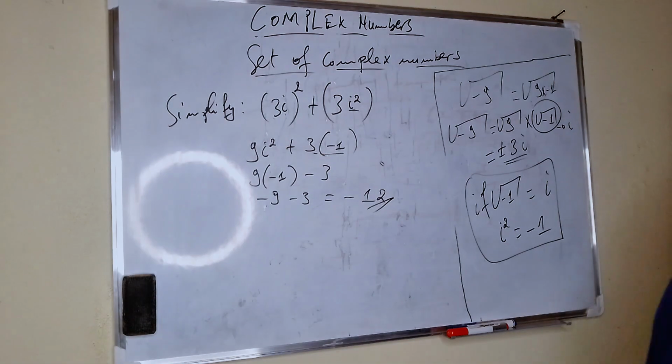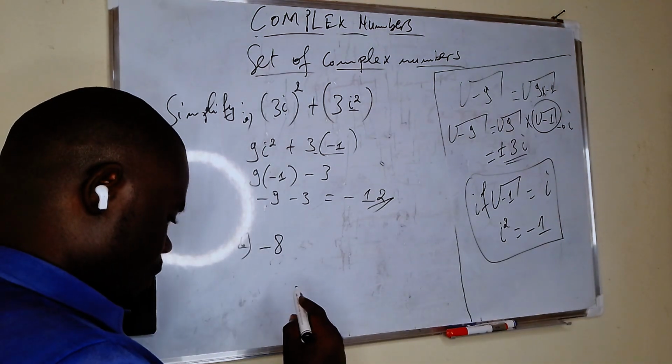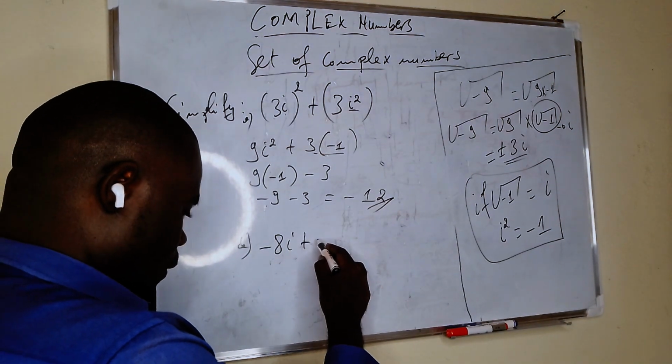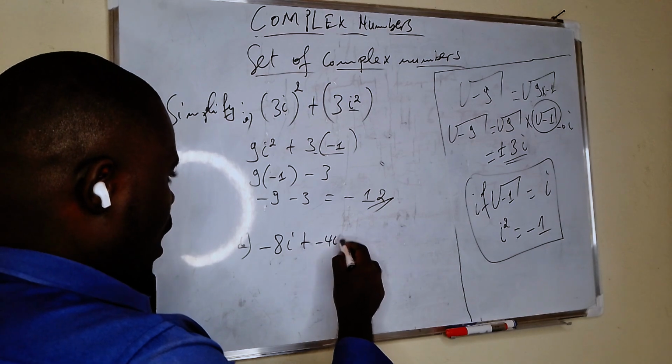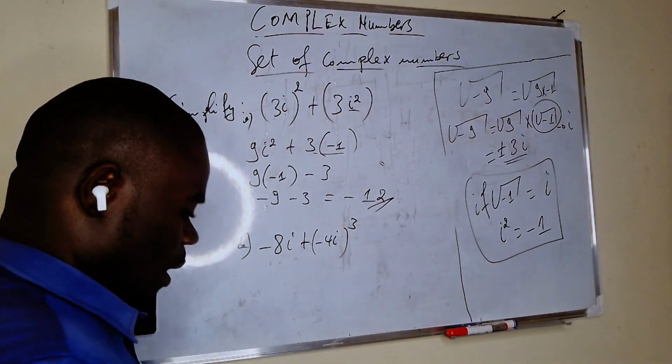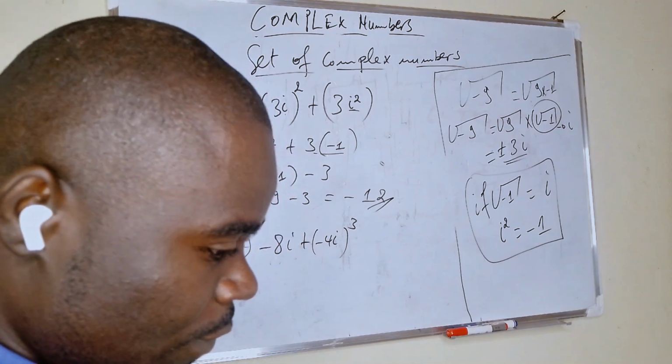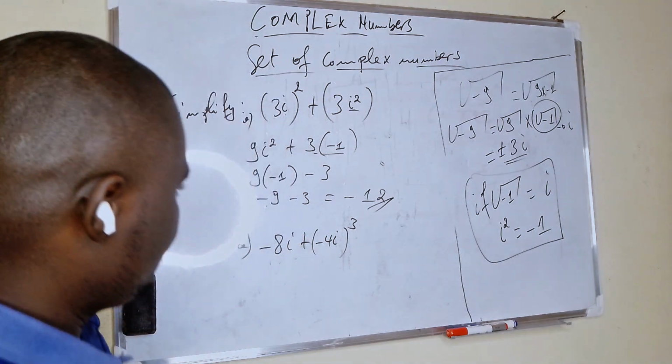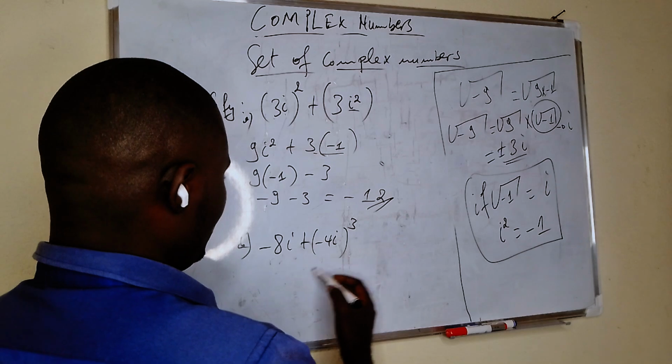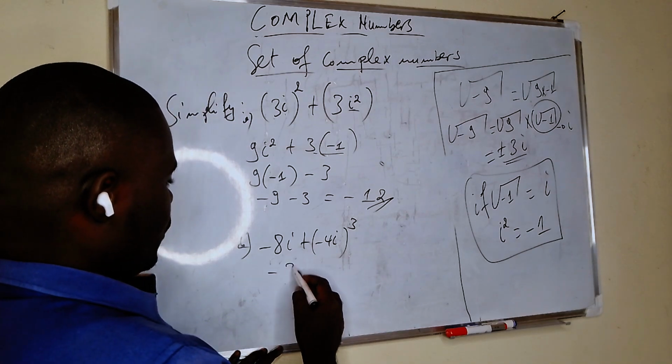You can have another one, negative 8i plus negative 4i power 3. You think this is equal to what? This is equal to negative 8i.